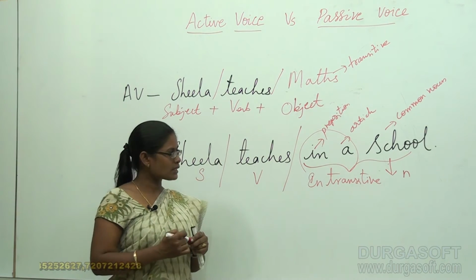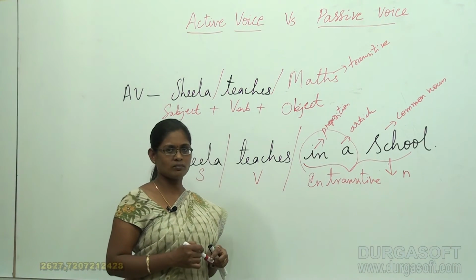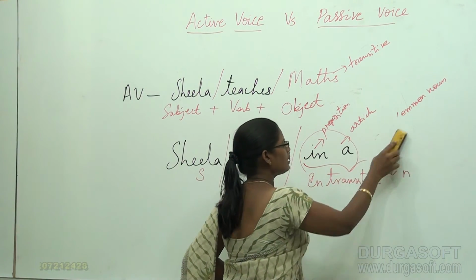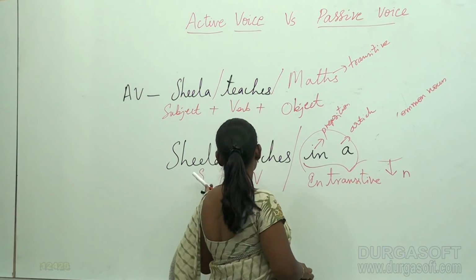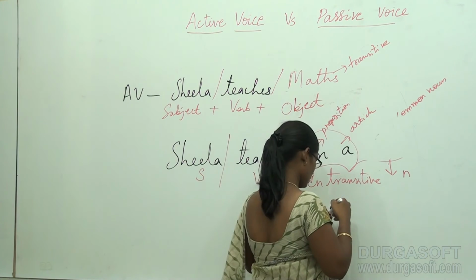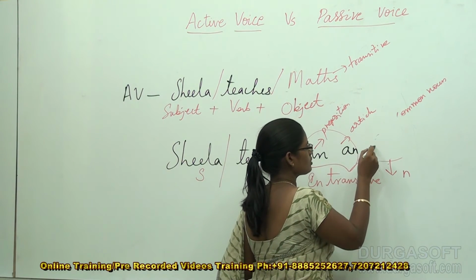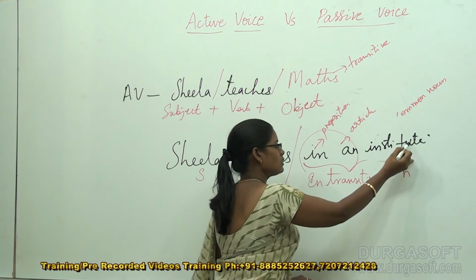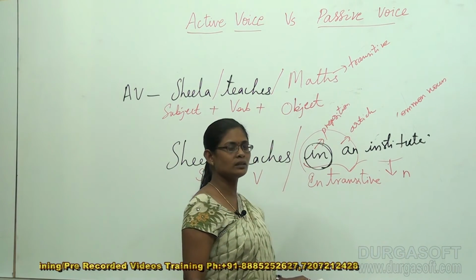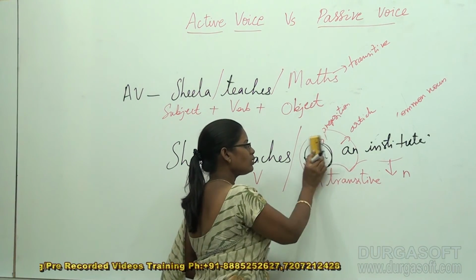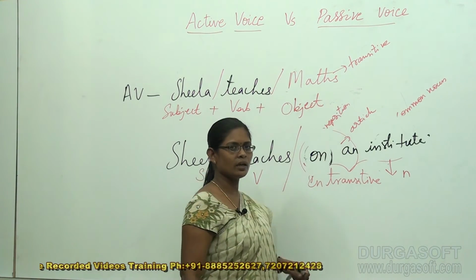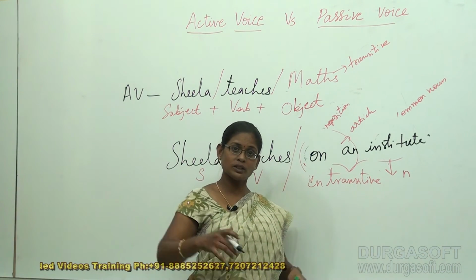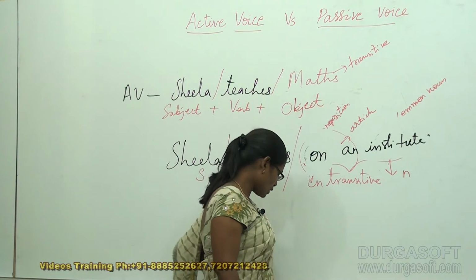Coming to my second sentence, I can change the name of the noun here, but I cannot change this part. Sheila teaches in an institute. This can be changed, but this particular position cannot be changed. Instead of in, I cannot use on, and I cannot say that Sheila teaches on an institute. Why? Is Sheila sitting on an institute and teaching? No. So that is wrong.